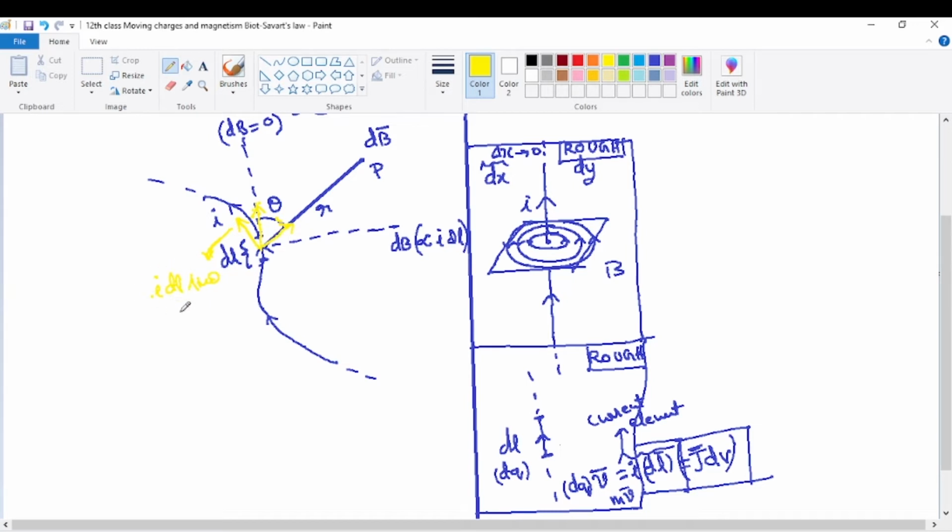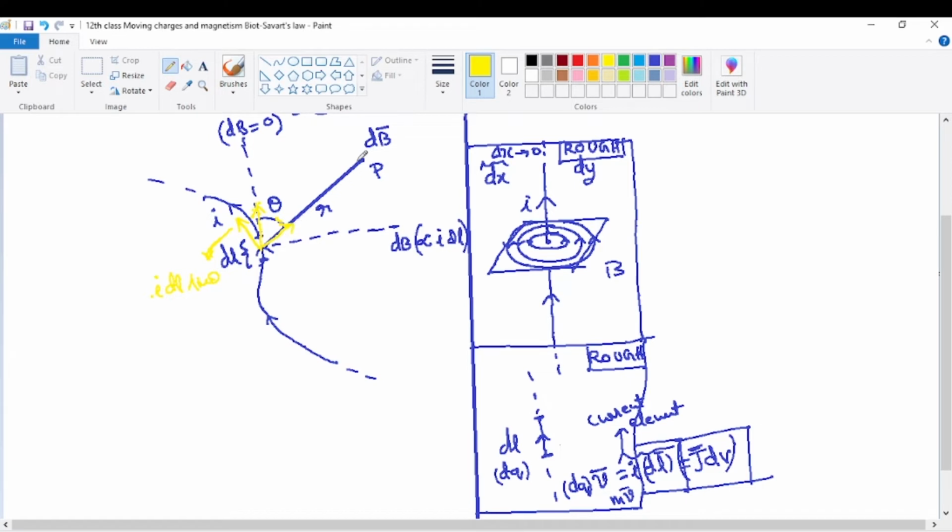Charge momentum produces a magnetic induction, we know, on its perpendicular bisector. So this point is lying on the perpendicular bisector of Idl sin theta, but the point P lies on the axis of the parallel component to r. That is, it's lying on the actual axis of the parallel component Idl cos theta.